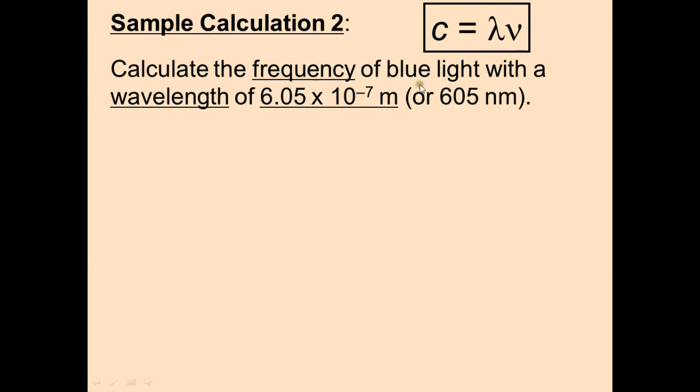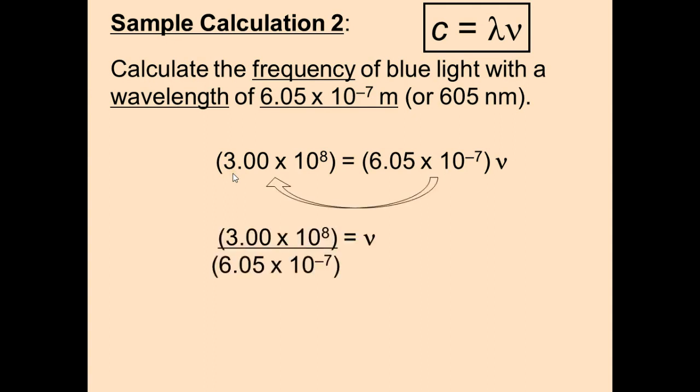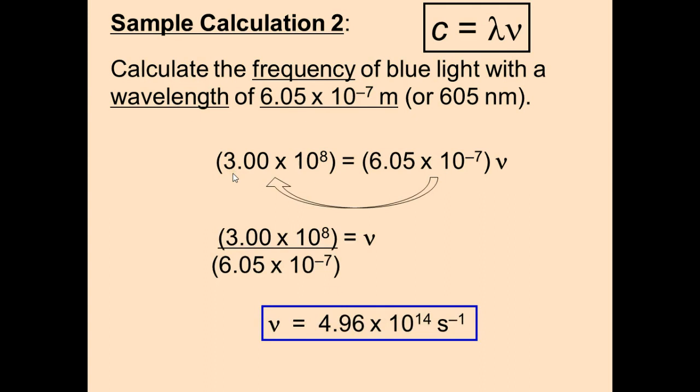The c, which is the speed of light, is given to us, and the wavelength is in the problem right here, so you just plug it in, and v you can treat as x. To isolate x, we divide this by this. So 3 times 10 to the 8th divided by 6.05 times 10 to the negative 7th, and we get 4.96 times 10 to the 14th s to the negative 1.